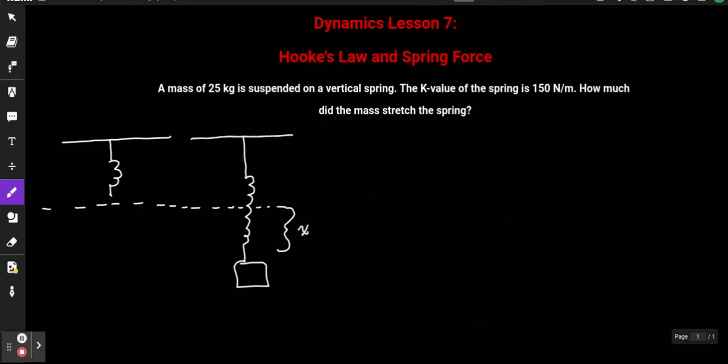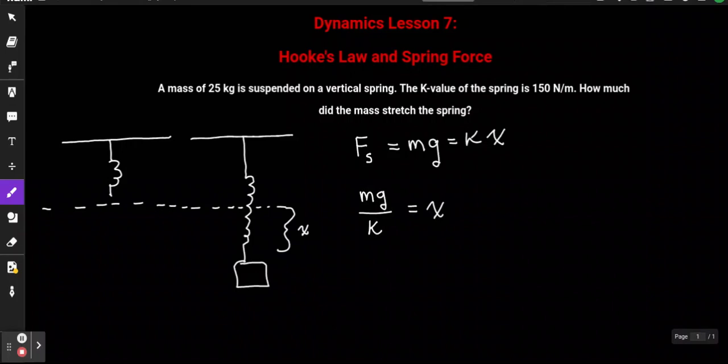If the mass is suspended, that means the restoring force of the spring has to equal the gravitational force of the mass. If the spring force is also equal to kx, we can solve for x by dividing mg by k, and this gives us x.